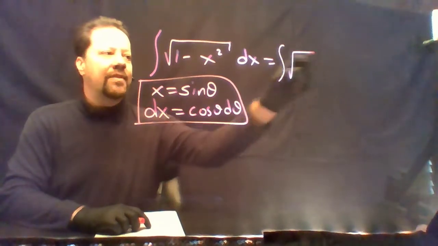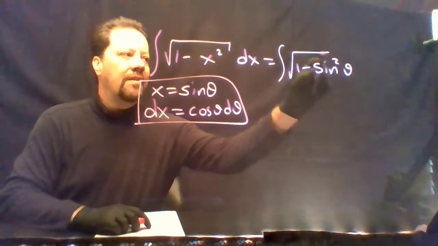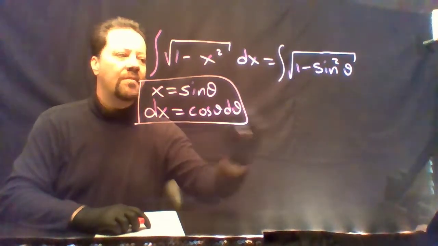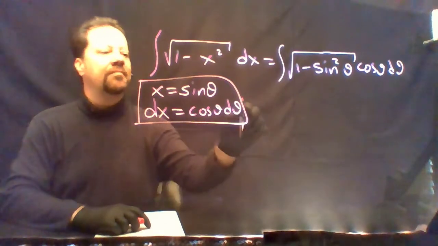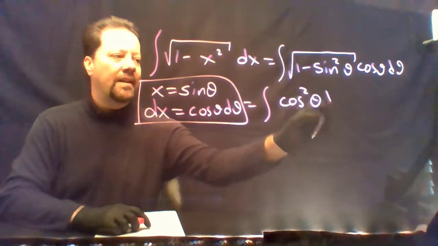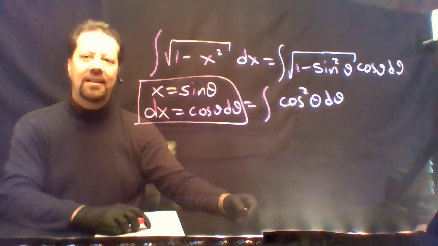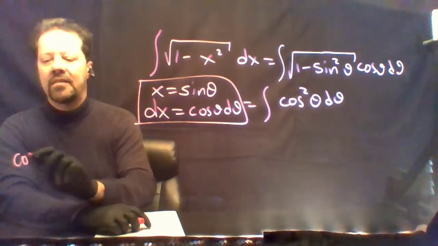We have the integral of the square root of 1 minus sine squared theta times cosine theta d theta. And that simplifies into the integral of cosine squared theta. It is at this point that you need to use the half angle identity.